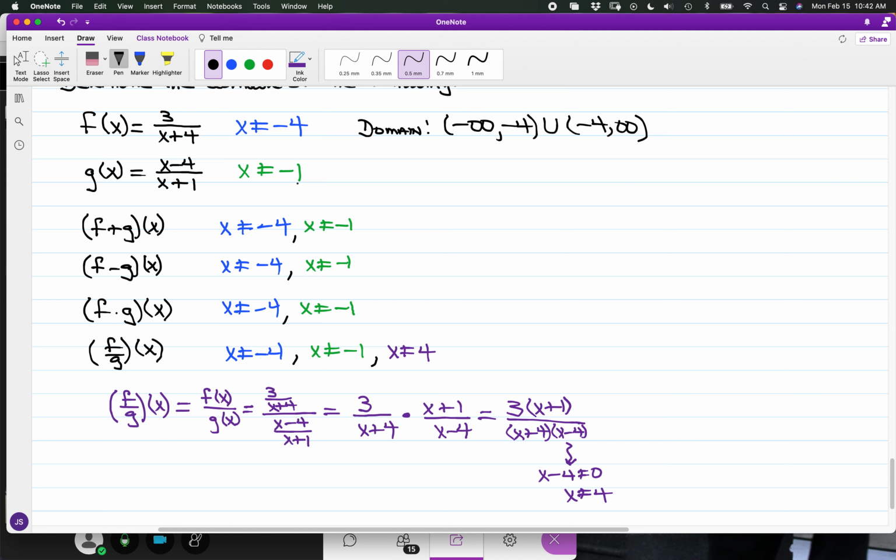And for g of x, only negative 1 is excluded. So you have parentheses throughout. Now, with the sum, difference, and product functions, we have both negative 4 and negative 1 excluded.